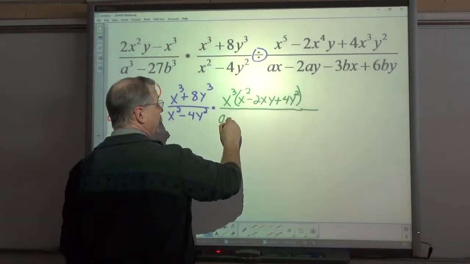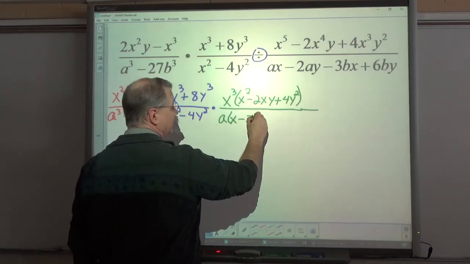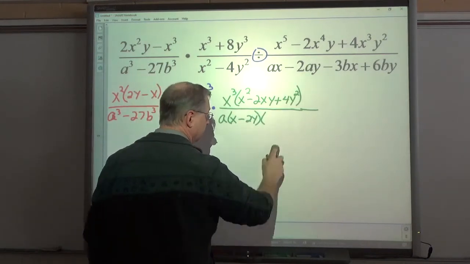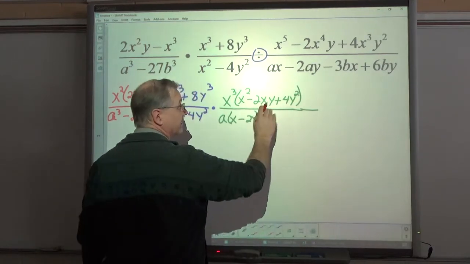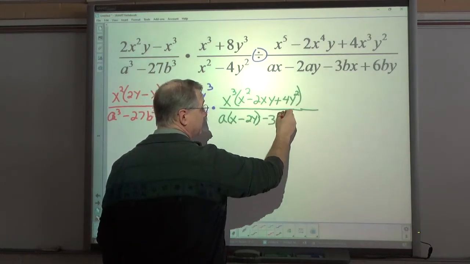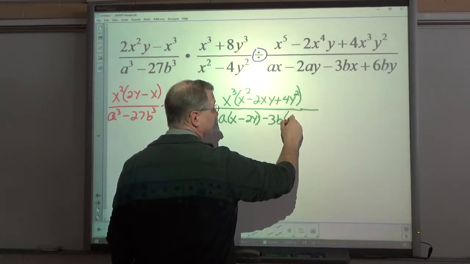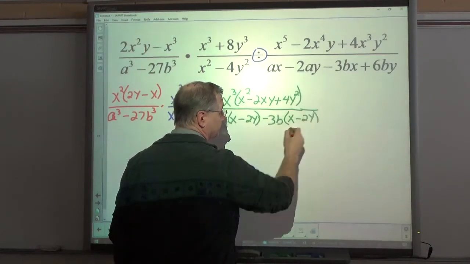I'm going to pull out an a, and that leaves me with x minus 2y. And then I'm going to pull out a negative 3b, and that leaves me with x minus 2y.